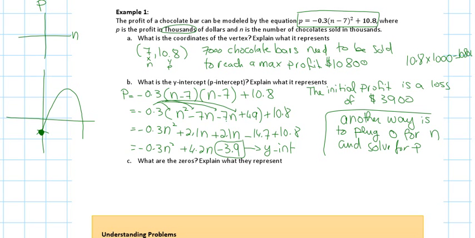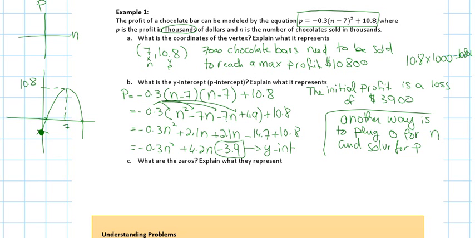If you look at this graph, where are the zeros? Somewhere here, and somewhere here, right? These are my zeros. My vertex is at 7. I need to find my zeros, so that means I need to put my equation in factored form.